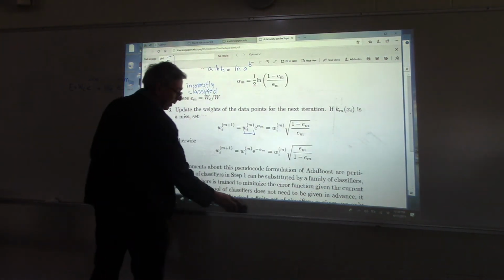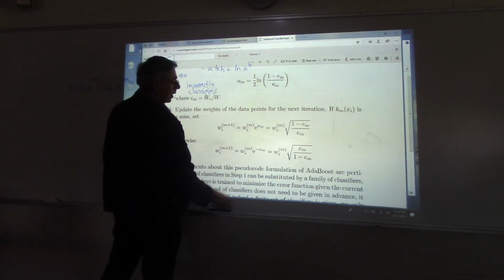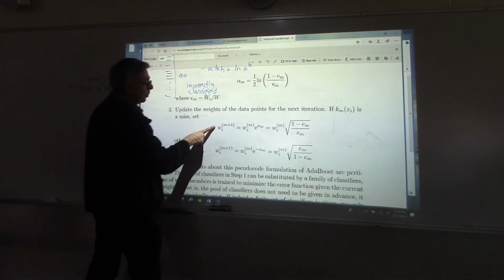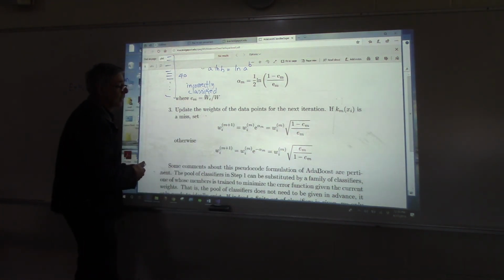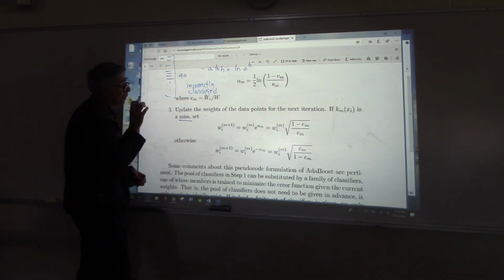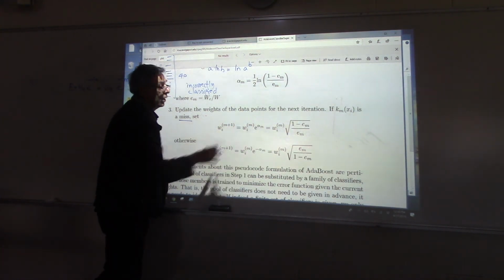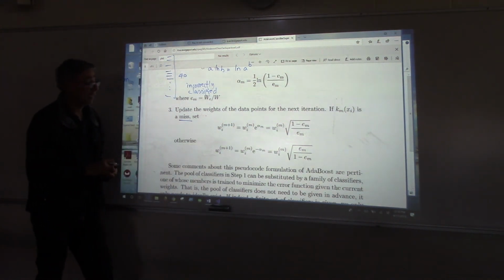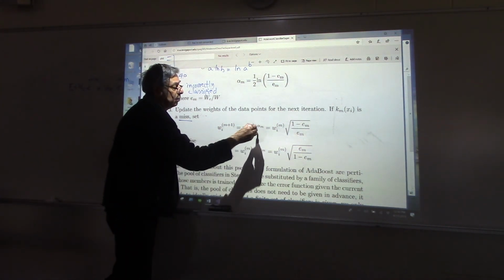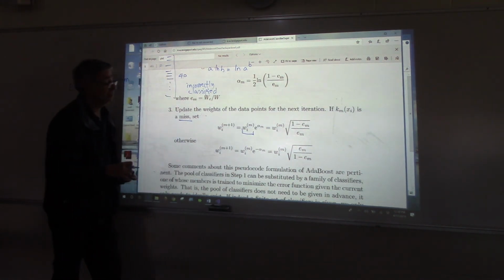Okay, so anyway, back to over here. Those that were incorrectly classified by K2, their weight will be increased by this factor. So this is the existing weight multiplied by e to the alpha_m.